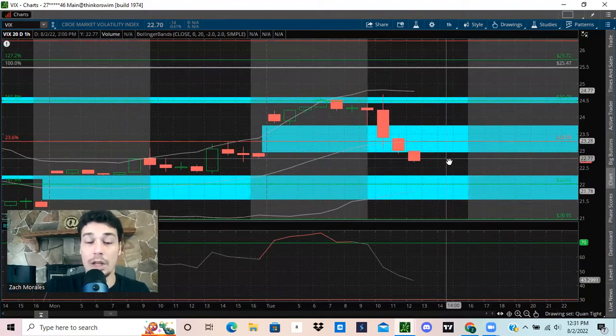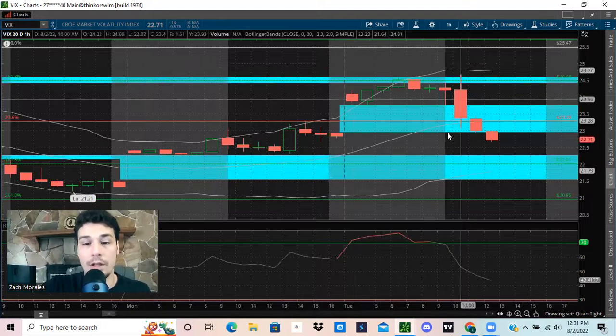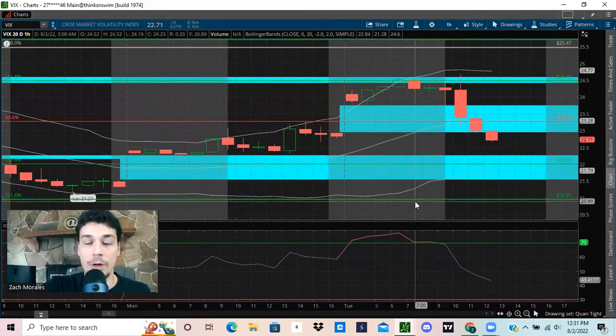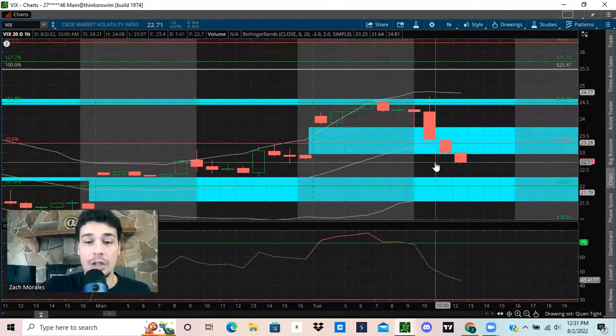A lot of times these VIX 1 hour gaps tend to fill within a week, but sometimes there's a really unexpected move. If VIX had kept rising all the way up to 30, this would have been the first gap down to 21.5. So if it doesn't fill within a week, it's usually going to take much longer for that gap to fill. I'm talking like 3 to 6 weeks.